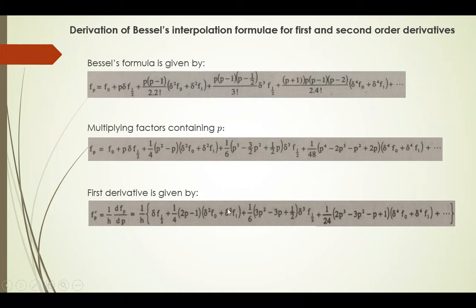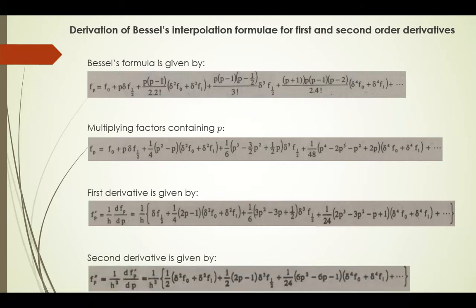So this is the first derivative with the help of Bissell's interpolation formula, and this is the second derivative, which is 1 by h square multiplied by the first derivative. So 1 by h square multiplied by the first derivative of the function. You just need to differentiate this function with respect to p.